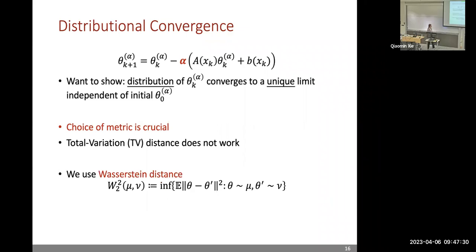So this is the formal definition of the two Wasserstein distance. Here mu and nu are just two distributions. Basically, consider all couplings between mu and nu. You can think of that as a joint distribution with the marginal distributions being mu and nu.